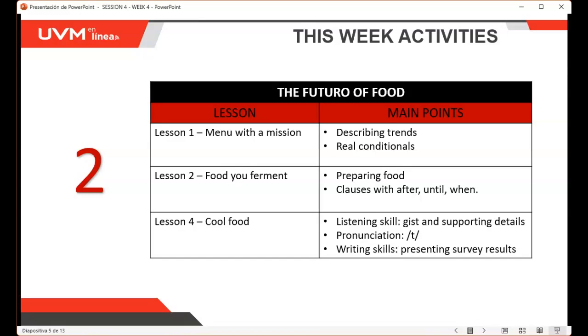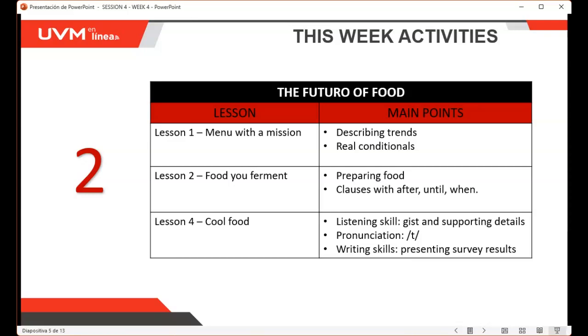Real conditionals, you were working with what we call zero conditional and first conditional in English. We have more conditionals, we will talk about that in a minute. But in Unit 2, you work with zero conditional and first conditional structures, and I think this is a very important grammatical feature in this unit.